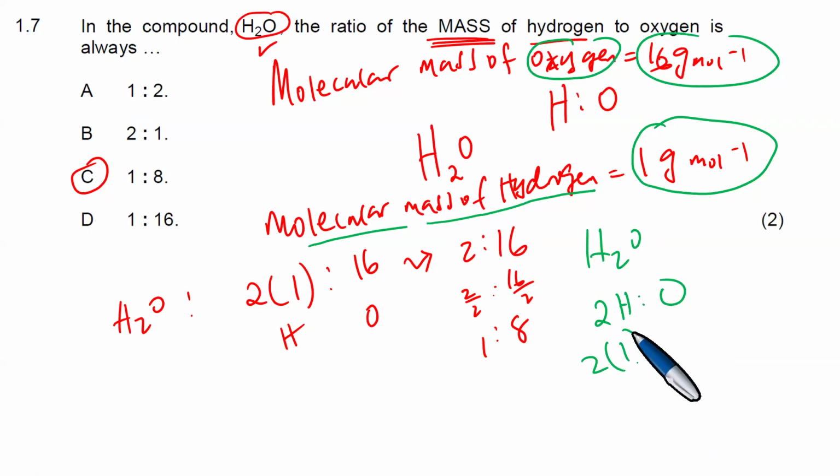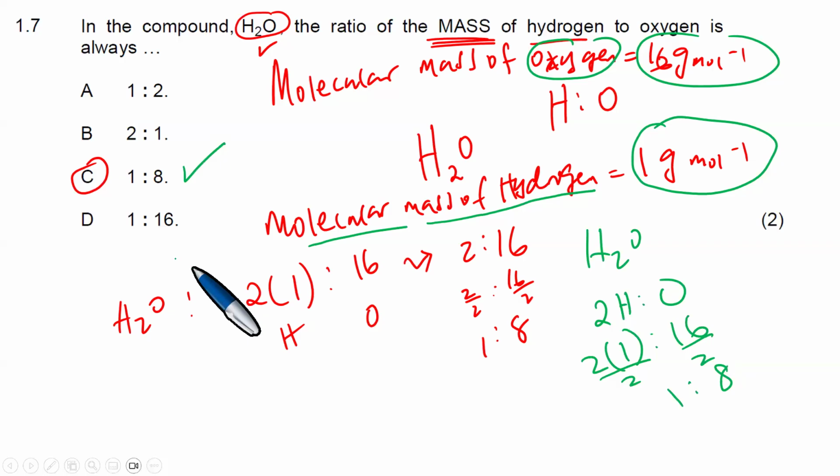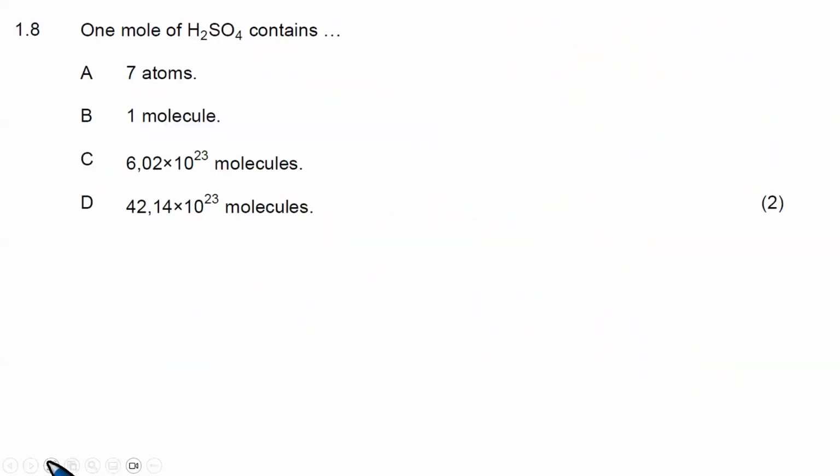You substitute: hydrogen has mass 1, and oxygen has 16 from the periodic table of the elements. Then you divide by the smallest one to simplify the ratio. Dividing 2 by 2 gives us 1. Dividing 16 by 2 gives us 8. And therefore, the correct answer becomes the letter C. We chose the ratio of 1:8. Okay, we continue and look at the next question.